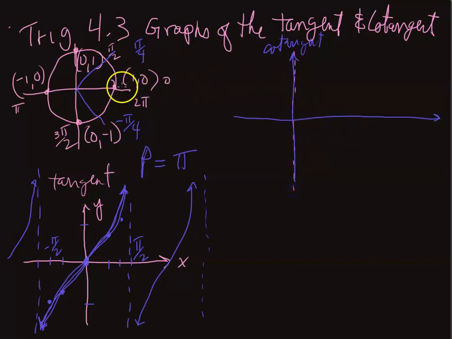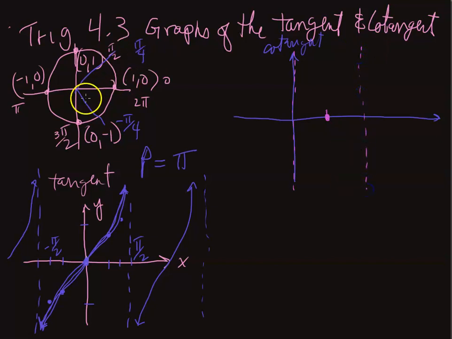And at pi over 2, 0 divided by 1, it is 0. And then at pi, negative 1 divided by 0, another asymptote.